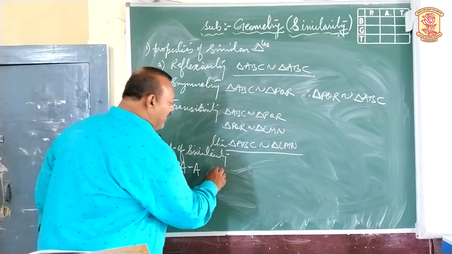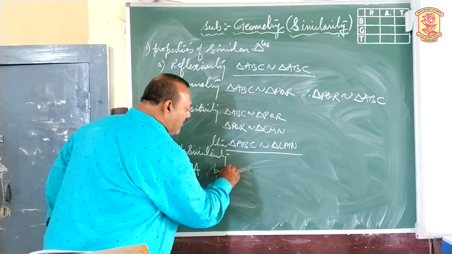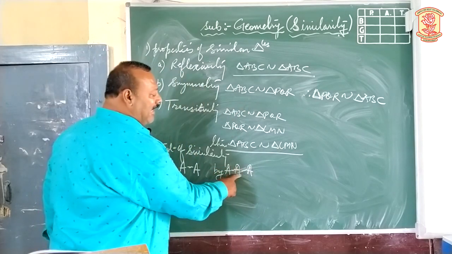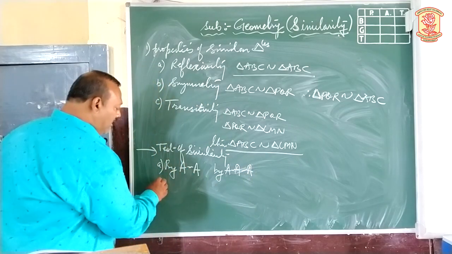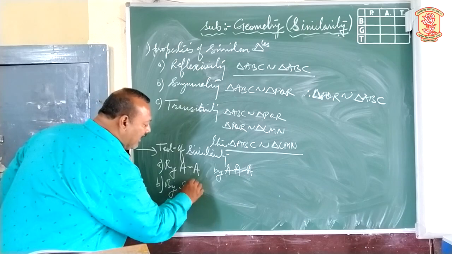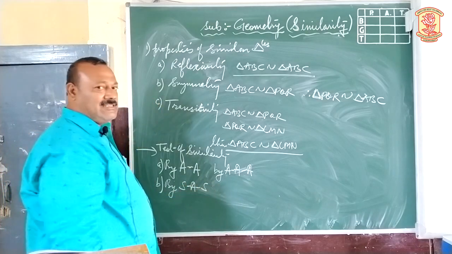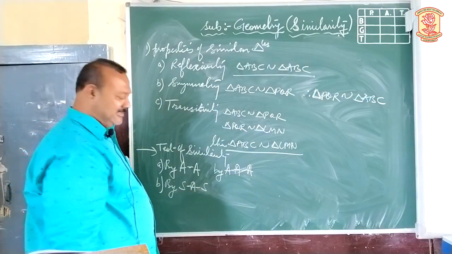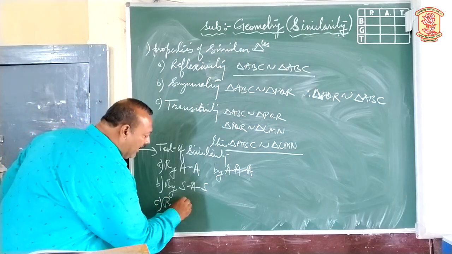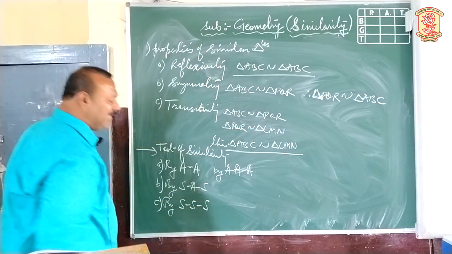Second, we can say by the AAA test, that is the angle test. Then by the SAS test, that is the side angle side test. And the third one is the SSS test.